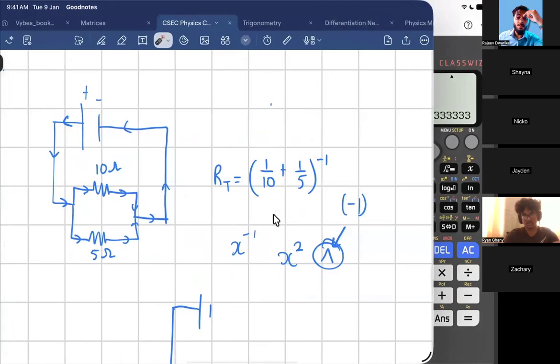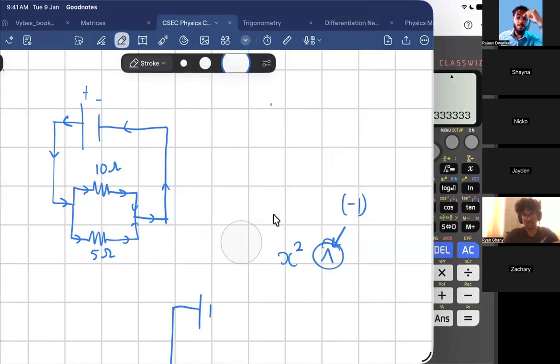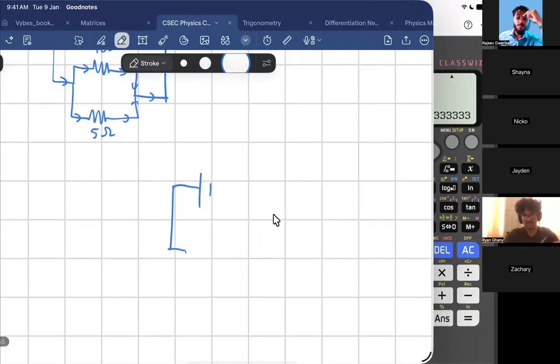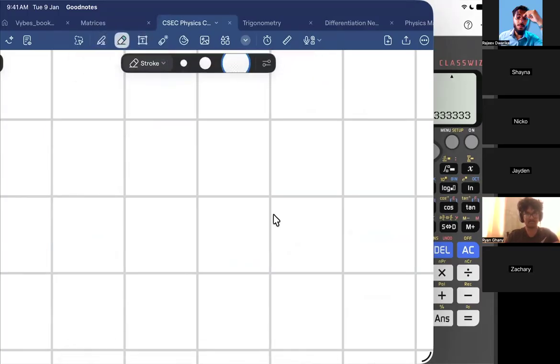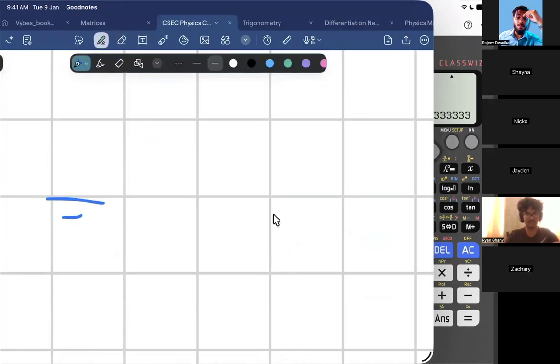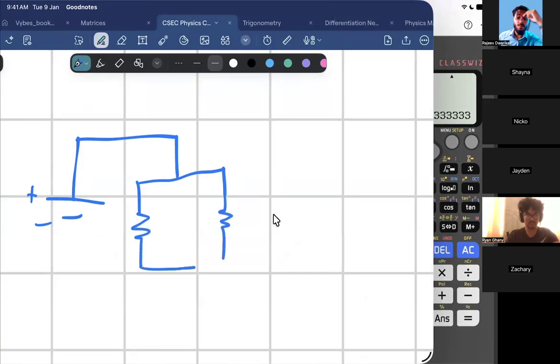Alright, so I want to make sure you all can handle this by yourselves. So let me give you all a question to do. Guys, are those two resistors in series or parallel?